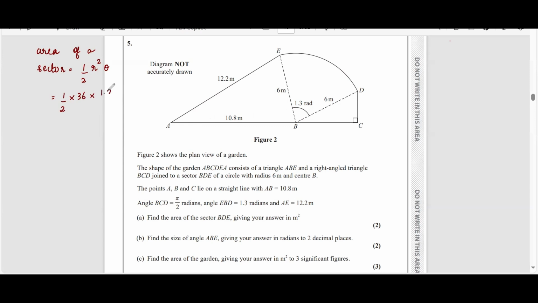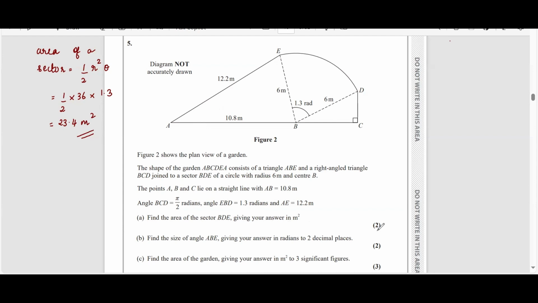Make sure that you are using your calculator in radians mode. So 36 times 1.3 divided by 2 will give us 23.4. The area will be in meter squared. This is the answer for the first part.